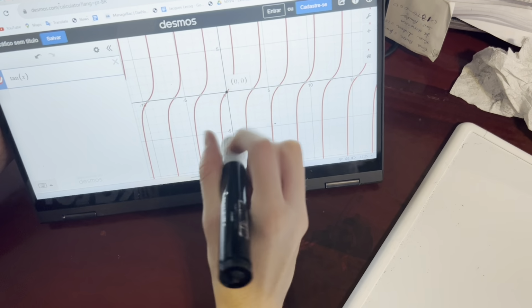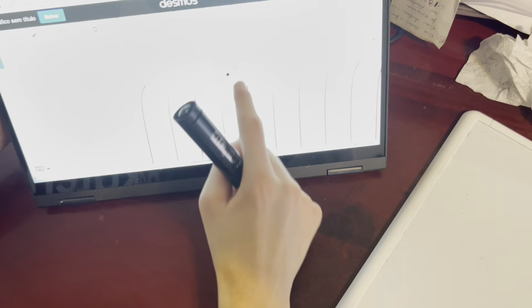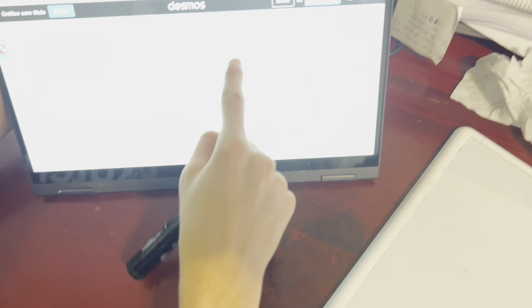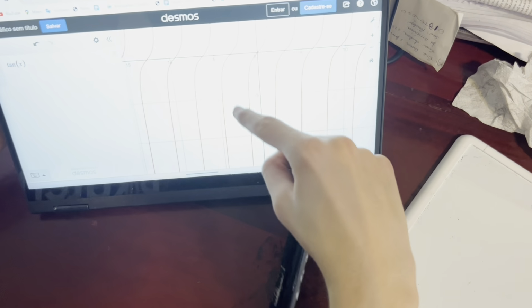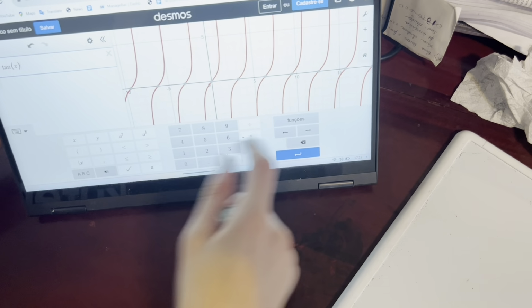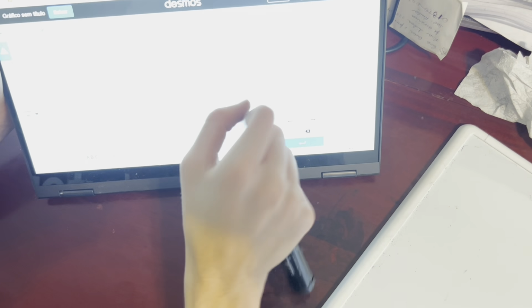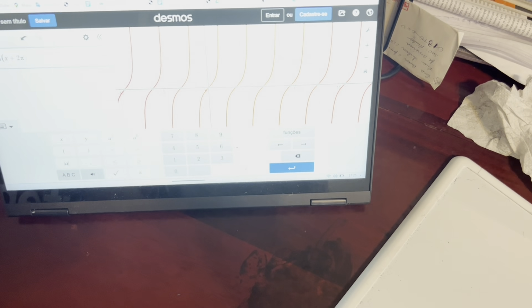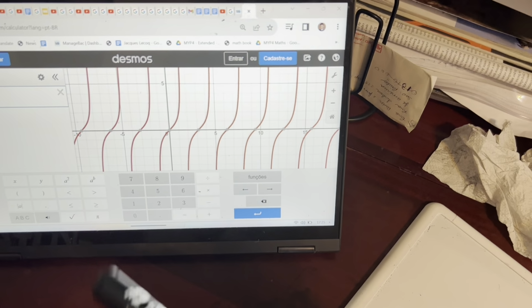So you have that curving point, and then you have the curve going infinitely up, and then you have one going infinitely down, right? But look how interesting this can get. If we add, for example, let's do 2 pi. My graph is shifted. You can't really see, but it's going to be shifted, right?